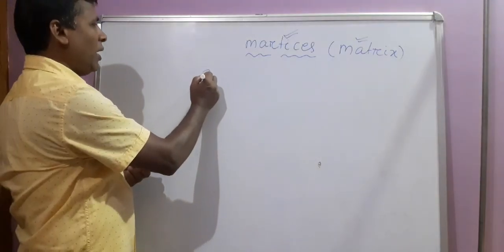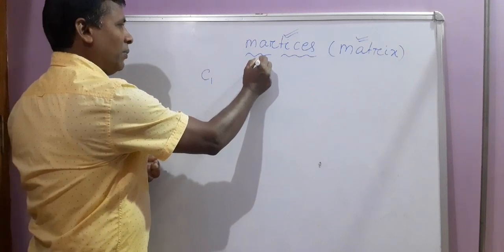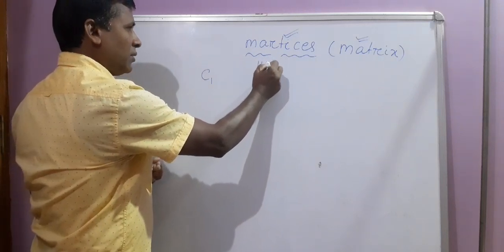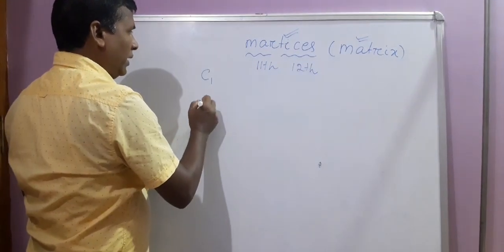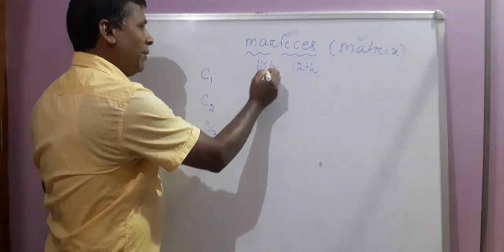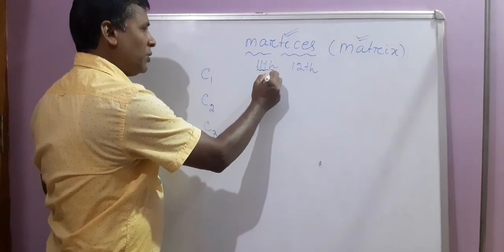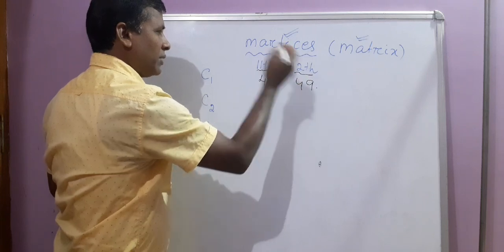Such as, suppose C1 is a college which has 11th class and 12th class, and C2 is another college, C3 is another college. The number of students in C1 college in 11th class is 45 and in 12th class is 49.